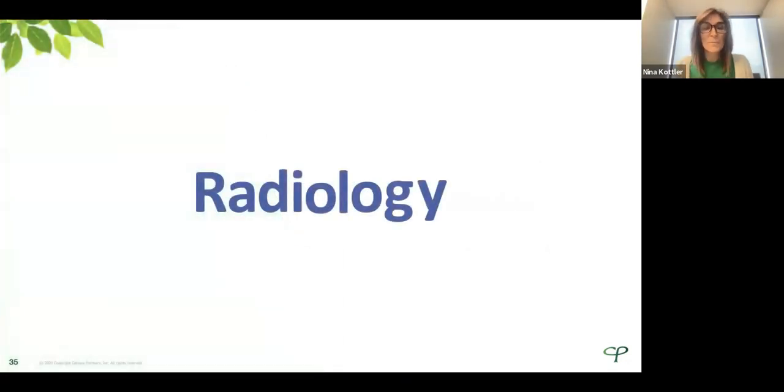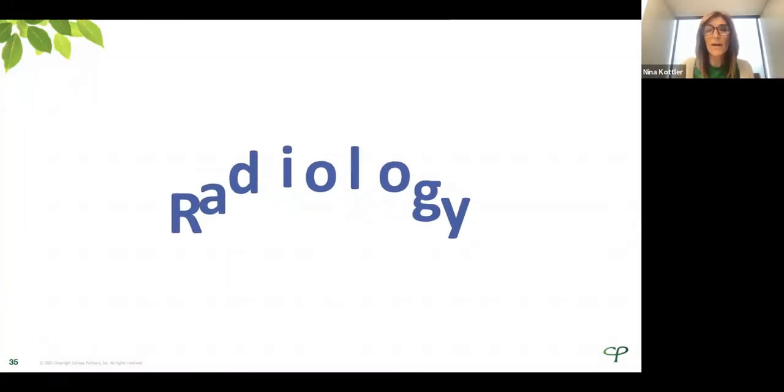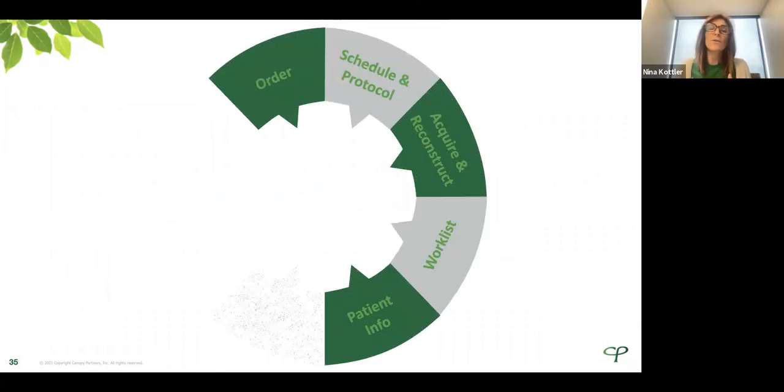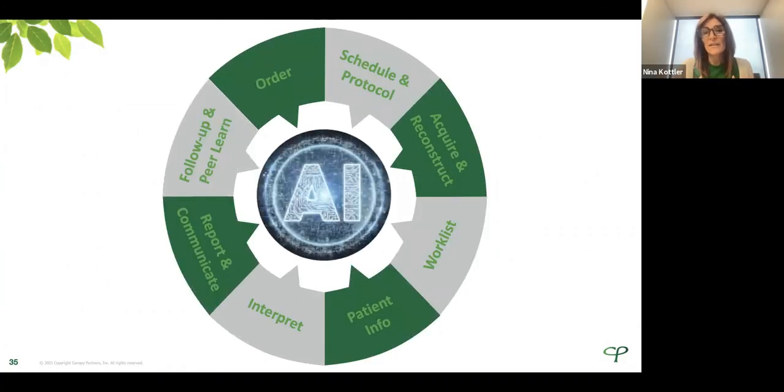First of all, when you're thinking about creating a use case, well, what am I going to apply artificial intelligence for? It's much easier, instead of thinking of radiology as a whole, to split it up into the different components of what we do, what you might call the workflow or the life cycle of an examination, because artificial intelligence can be used at any point along this curve.